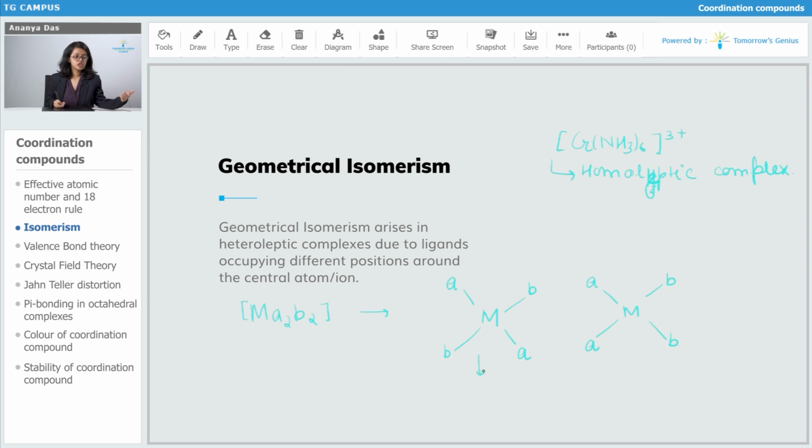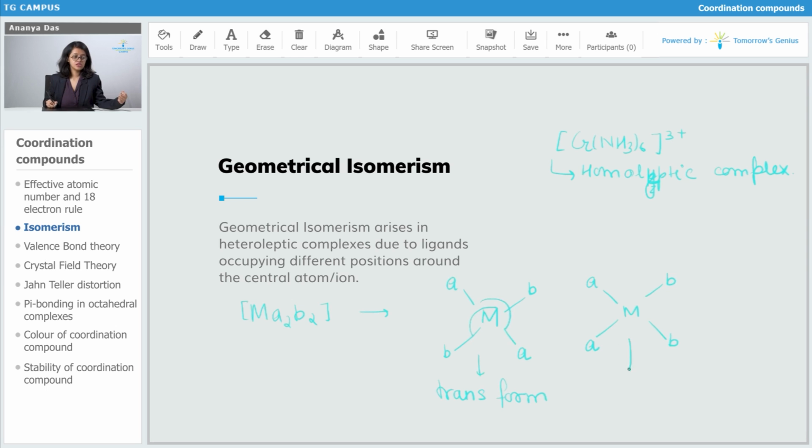This is said to be the trans form. In the trans form, the same ligands are present at an angle of 180 degrees to each other. You can see this is an angle of 180 degrees.